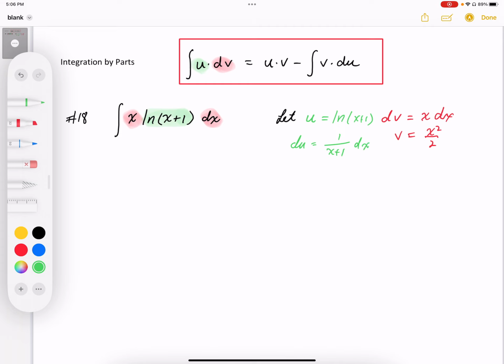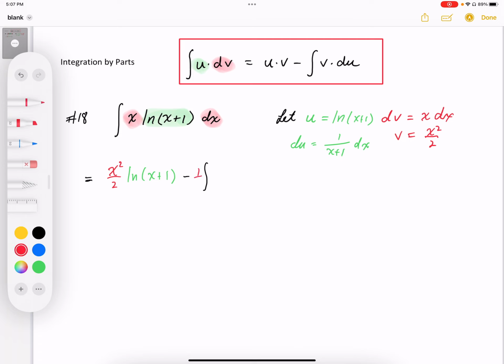Okay, so rearranging, this new integral is going to be our uv. So we end up with x squared over 2 log of x plus 1 minus the new integral. The new integral is v du. So I'm going to take the 1/2 out.